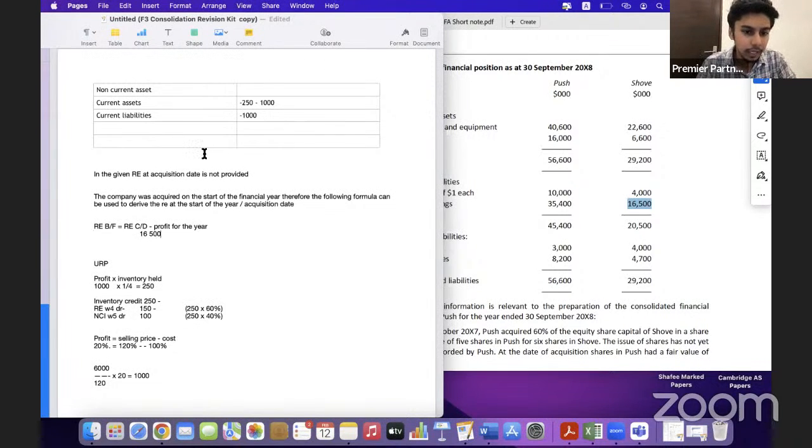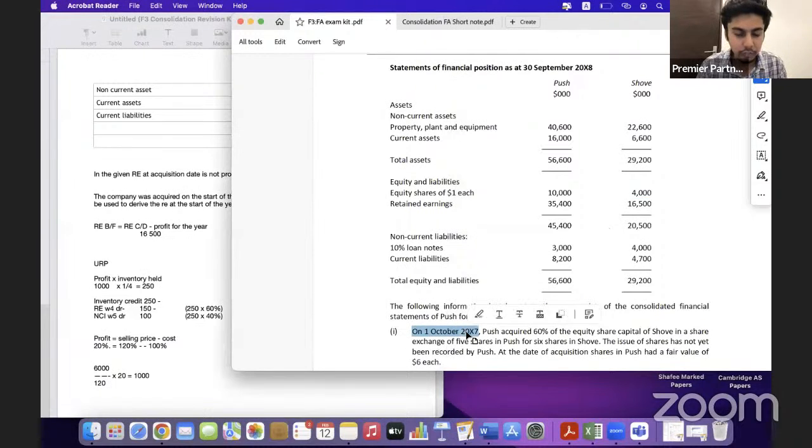Now I need the retained earnings at the acquisition date. Here, look at this one, on 1st of October. Luckily, 1st of October 2007 is when we bought the company, which also happens to be the start of the financial year. Do you understand that part here, guys?